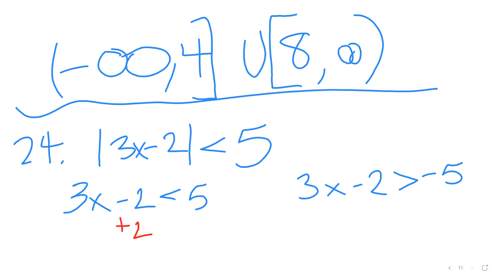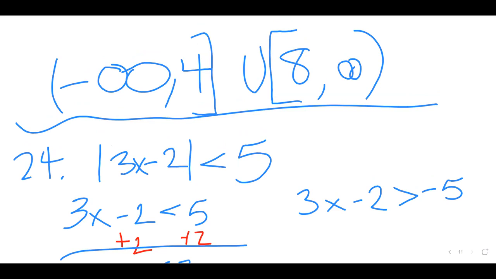We're running a little short on time, but I think we have enough to go ahead and look at this. Let's add 2 to both sides. That gives us 3x is less than 7. Divide 3 on both sides.